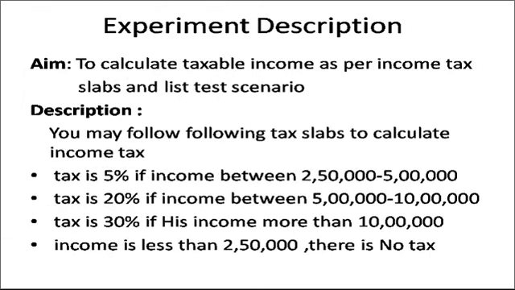Now let us have the description about the experiment. Our aim is to calculate taxable income as per a given income tax slab, or this income tax slab you may decide on your own, and based on that program you have to list out the various test scenarios.